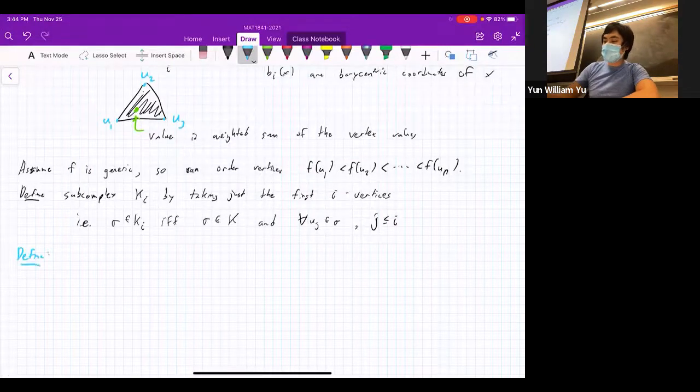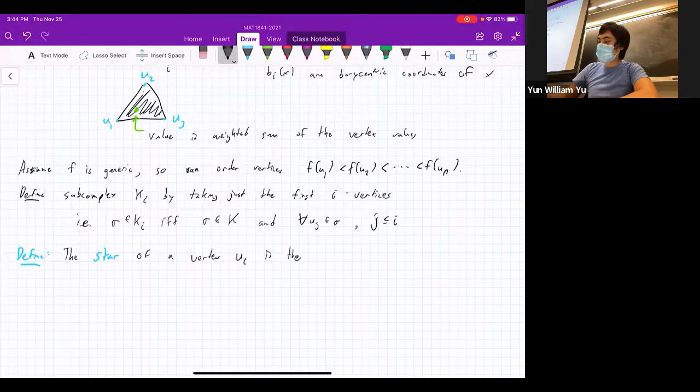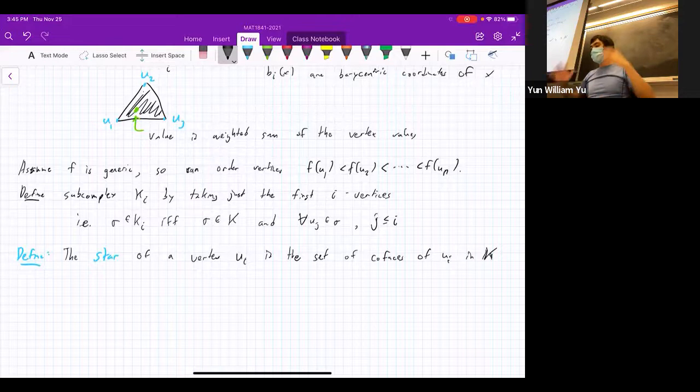So we're going to define a couple terms. I probably should have defined them when we introduced simplicial complexes earlier, but I forgot to. The star of a vertex ui is the set of cofaces of ui in K. A coface is just some other simplex that ui is a face of.